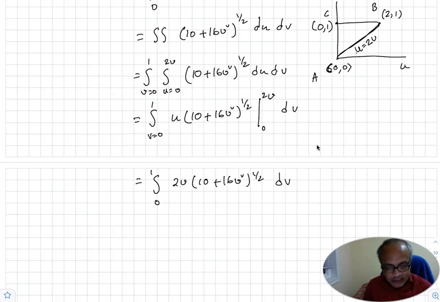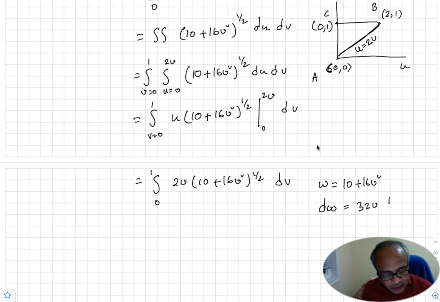So this is something you can think of from first year calculus. We need to make a change of variable. So let's say w equals 10 plus 16v squared. You can have other options, but maybe that's the best option in this case. So dw equals 32v dv.